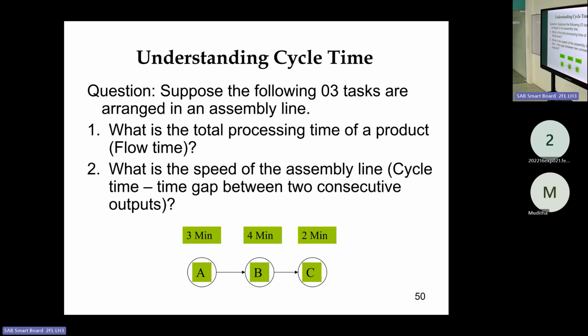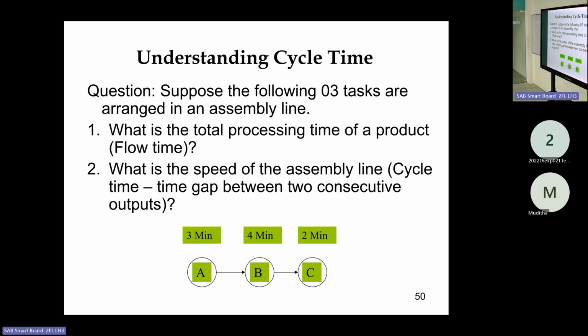With workstations operating repeatedly, 2 minutes. Every 2 minutes. Some might think that every 2 minutes we might get an output.